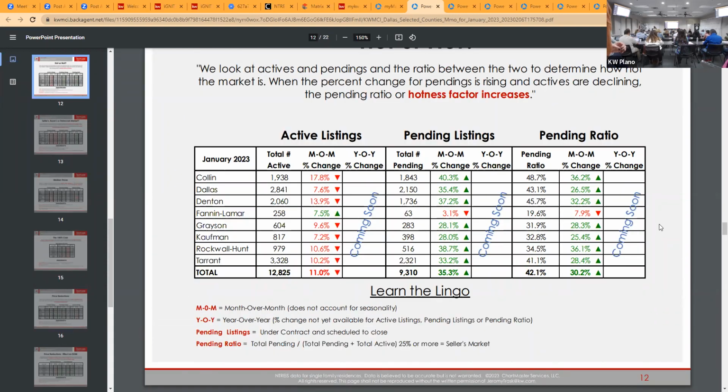So it didn't say how. I assume what it means, and I can ask Jeremy this, and we can ask him to talk about any questions that you have next week in this class specifically. But I assume that it means that if your active listings are down, your pendings are up, and the pending ratio is up, that would mean it's a hot market, compared to like this one in Fannin and Lamar, where the pending ratio is down. So that would be a not as hot market. That answers your question, Amy.